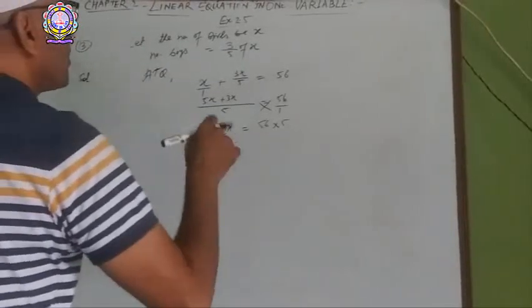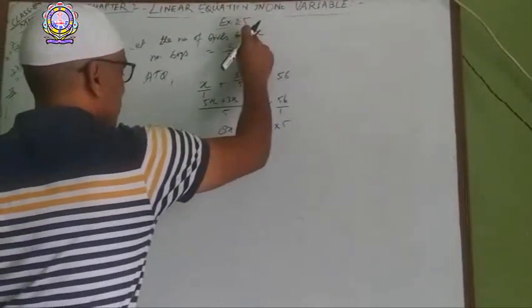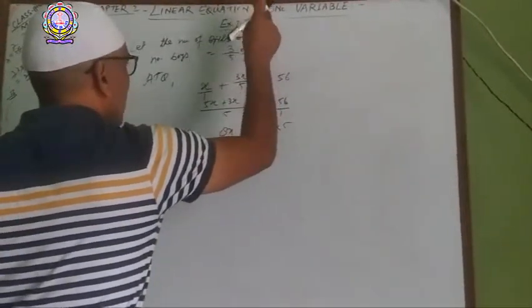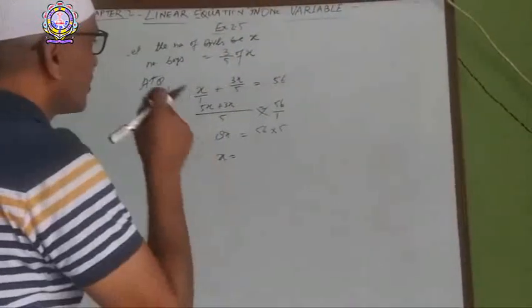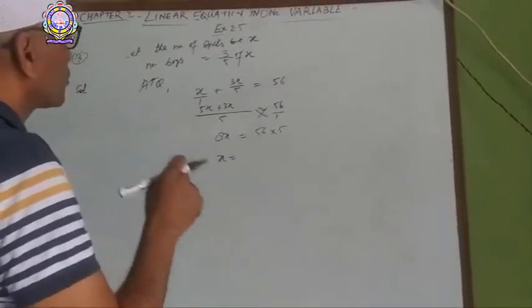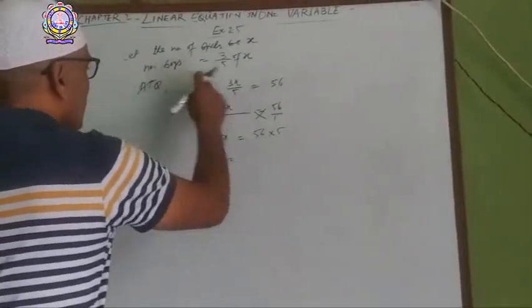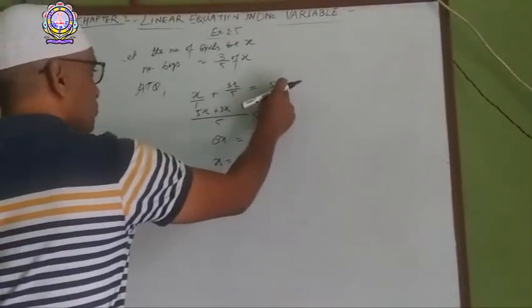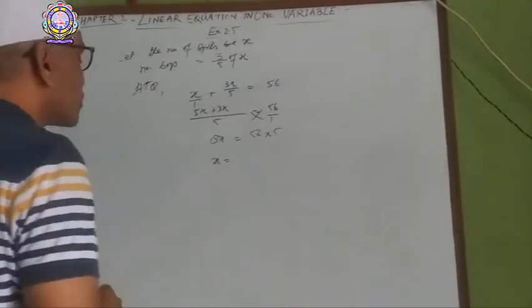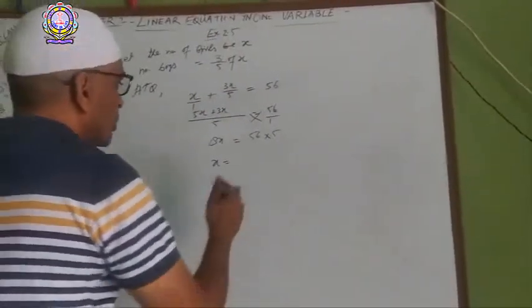It will be in fraction. x will be in fraction, and x is the number of girls. The number of girls must not be in fraction. So take 56 in place of 65 and solve this question.